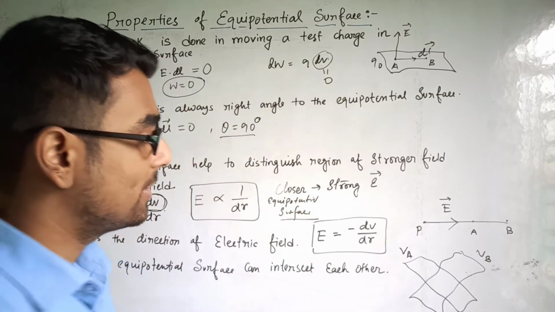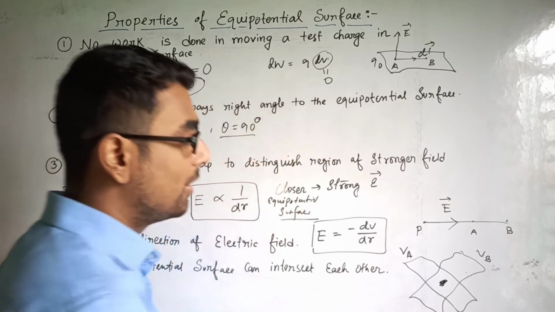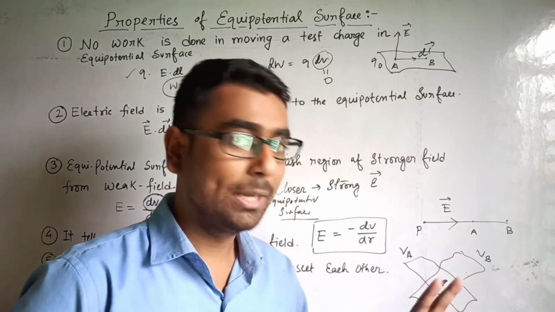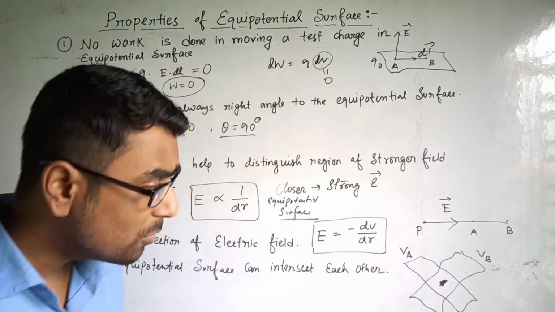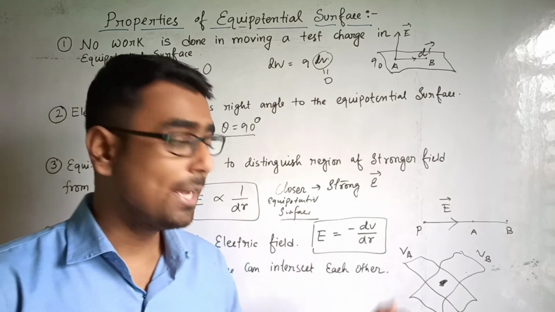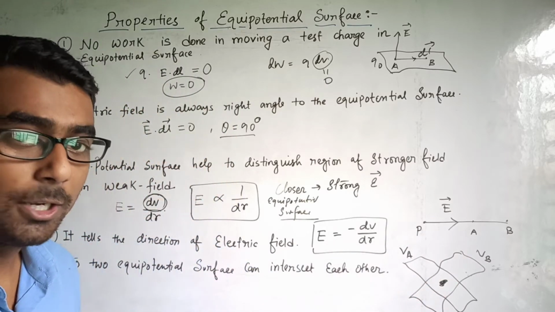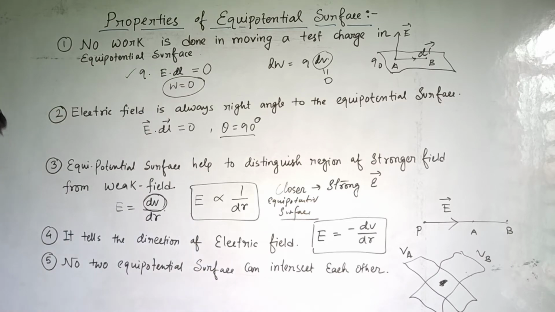At the intersecting point, there would be two potentials, either VA or VB or both, which is not possible. You must have one potential according to the surface. Because of that, no two equipotential surfaces can intersect each other.